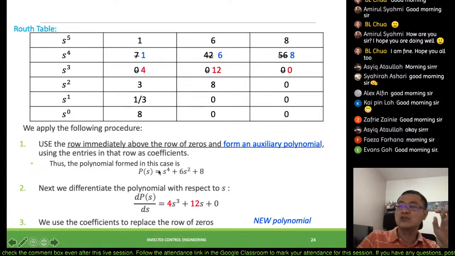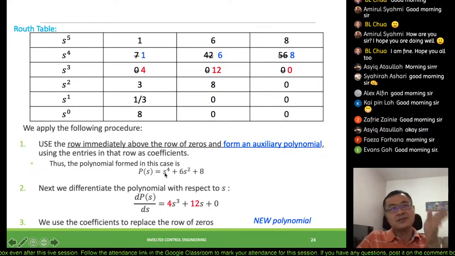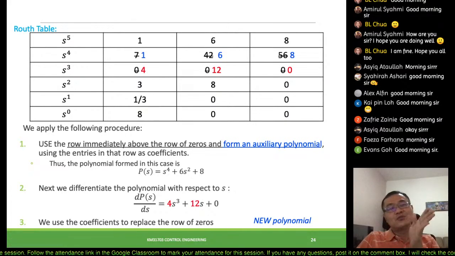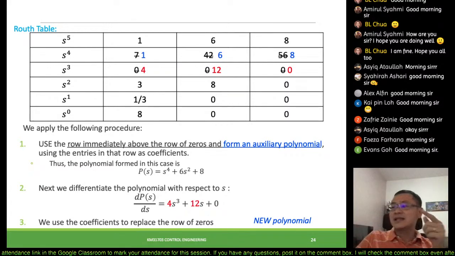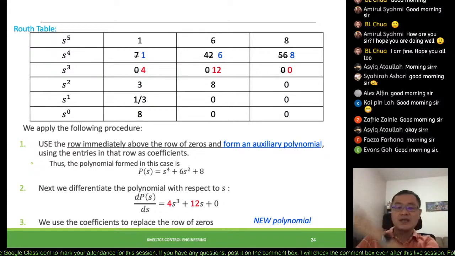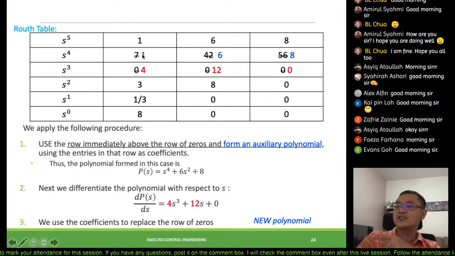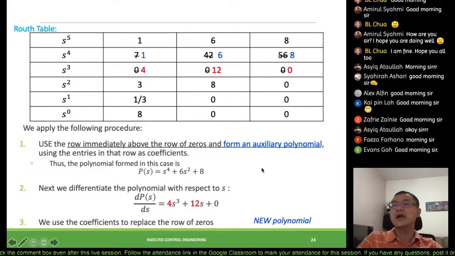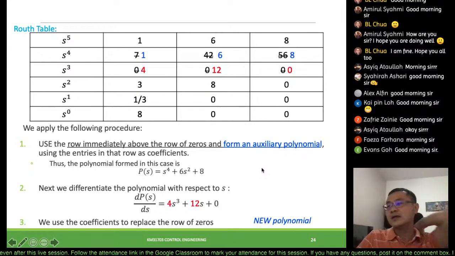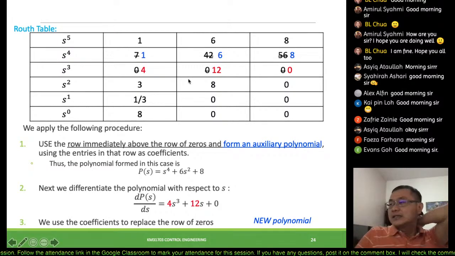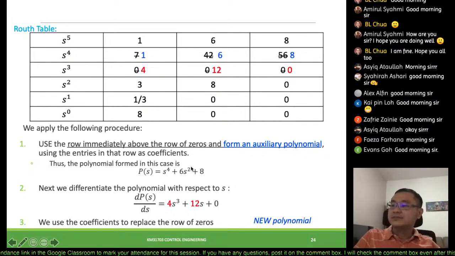So eventually we can write the sequence S4, S2, S0, if the coefficients are defined by the row above it. You just have to check what the order is. If this is S6, then you have S6, S4, S2, S0, and so on.